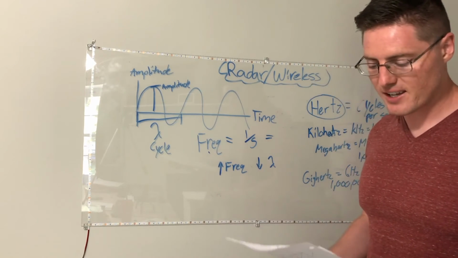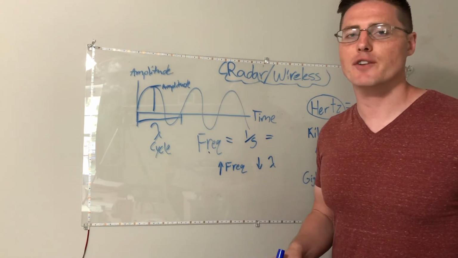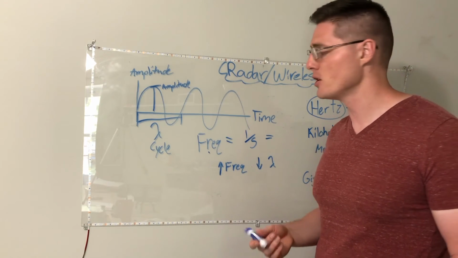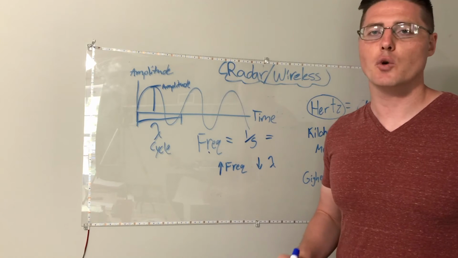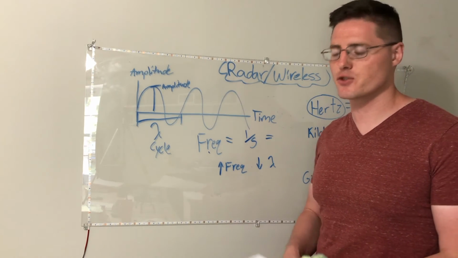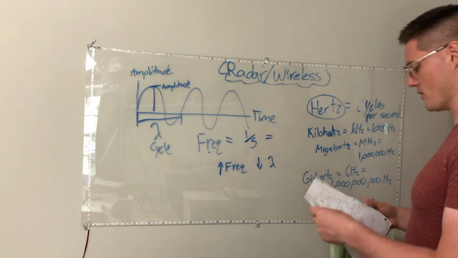To even get to that point, you have to be eminently familiar with the EMS, or electromagnetic spectrum, to be able to pinpoint where we can start targeting this antenna, where we can start targeting this transceiver, etc.